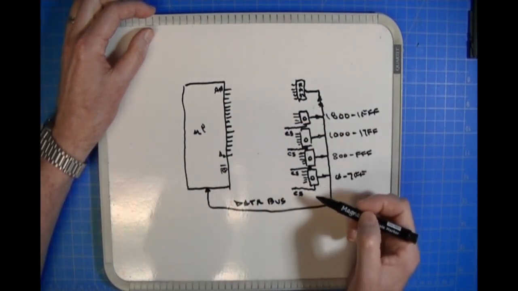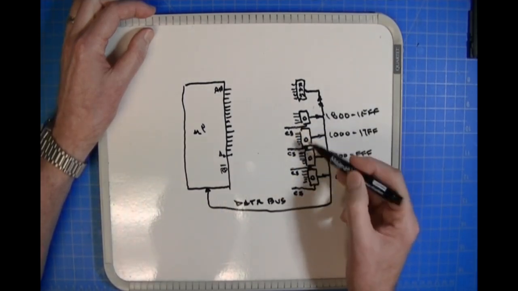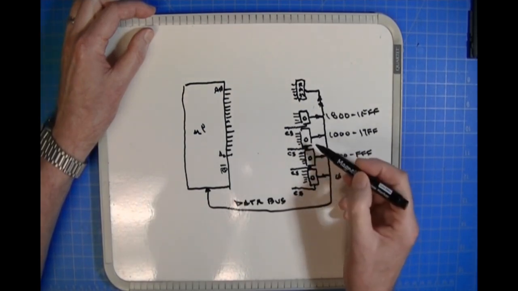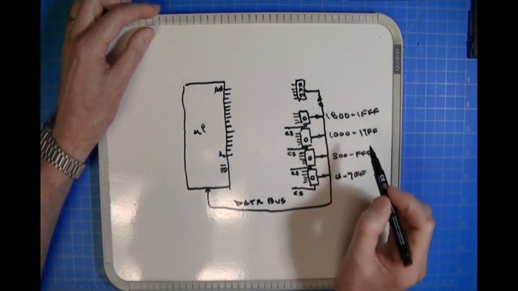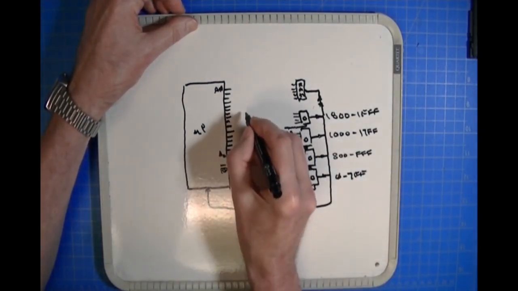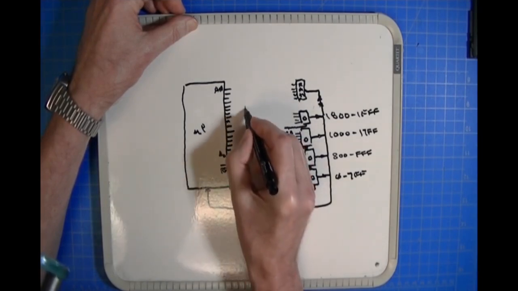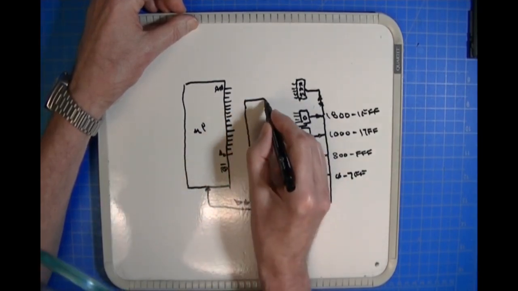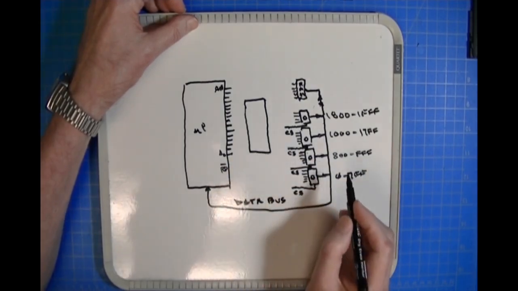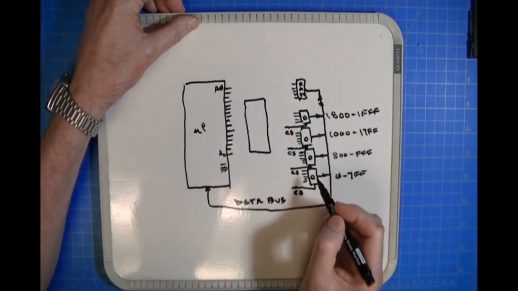The addresses are applied equally to all of the EPROMs, but only the EPROM that's selected is going to give you its output, its data. So the designer could take a bipolar PROM, and I don't want to smear my wonderful artwork here, and he would put it in between the address lines of the microprocessor and the EPROMs.